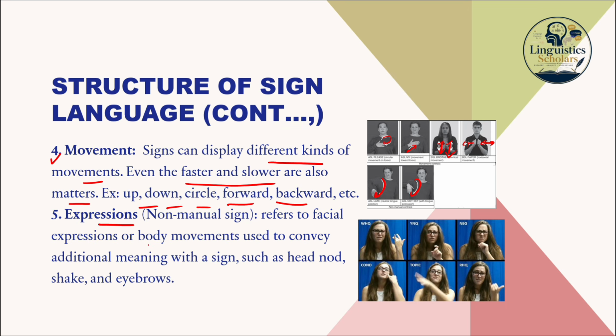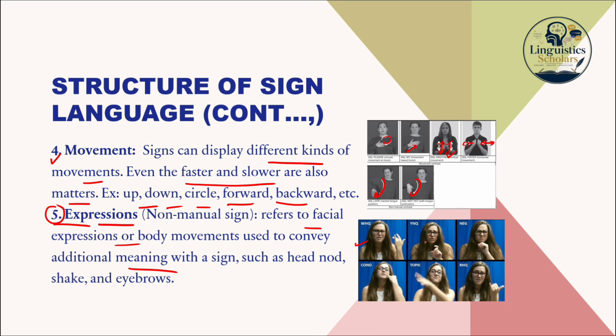And the expression. This is not a part of the structure of the sign, but it also happens in normal speech, though mostly in the sign space. This refers to the facial expressions or body movements used to convey additional meaning along with the sign. We also do this in our regular speech, in our natural languages, but it is more effective with signs. As a result, it is also placed under the structure of sign language.